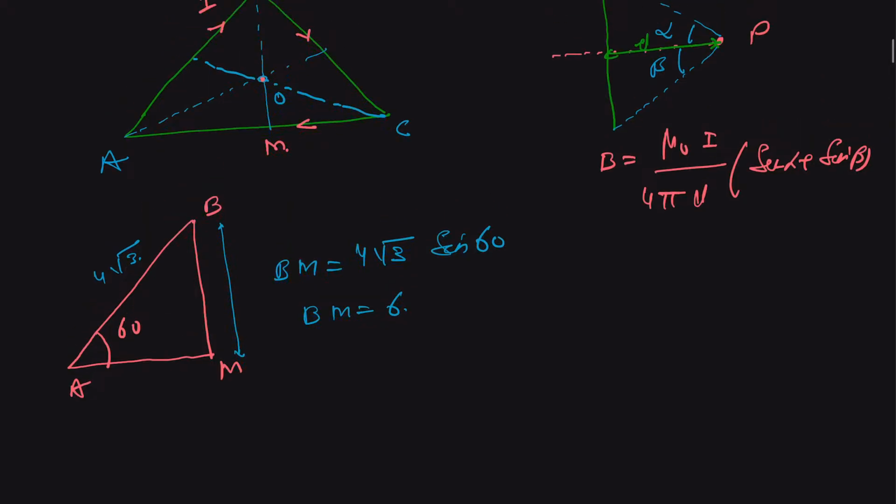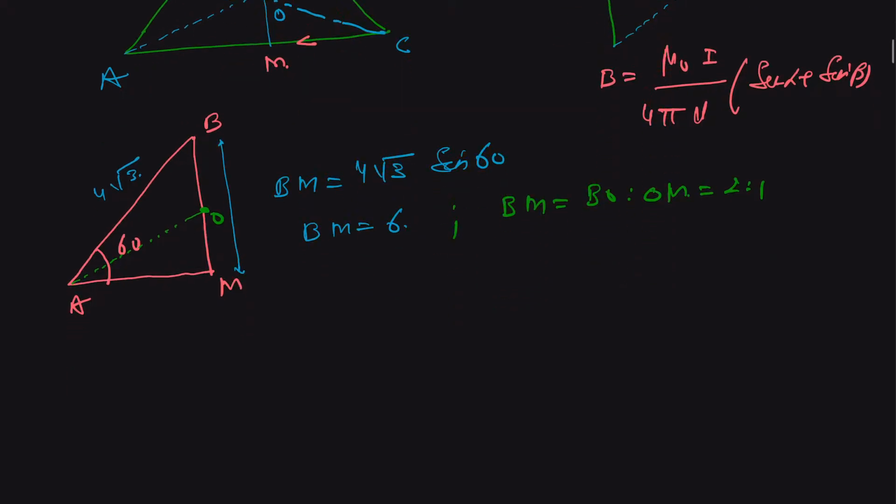But in this case, this point is our O, and we know this centroid point divides BM in the ratio BO to OM, and this ratio is 2:1.